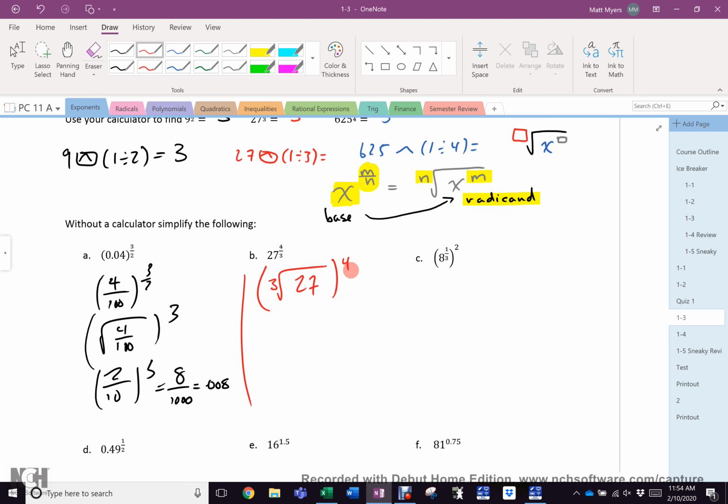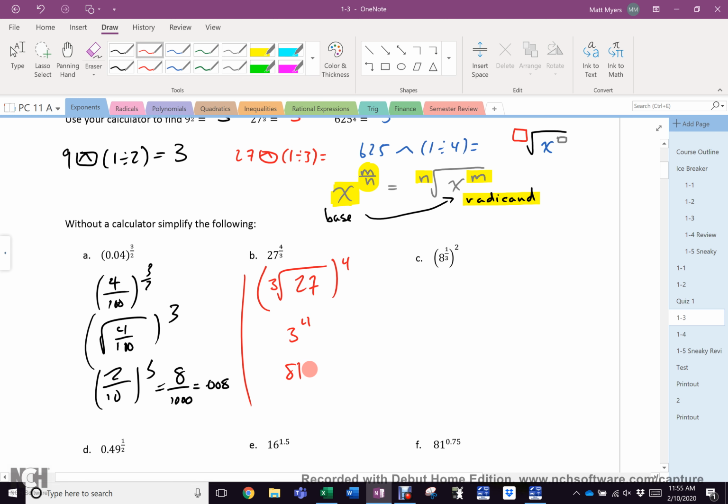We will come to that in one moment. All right. So, what is the cube root of 27? 3 to the 4th power, which is 3 times 3, which is 9. And then 3 times 3 again, which is 9. And 9 times 9 is 81. So this answer is 81.